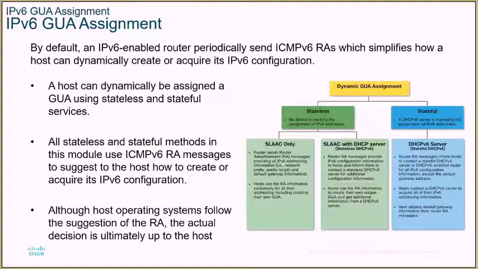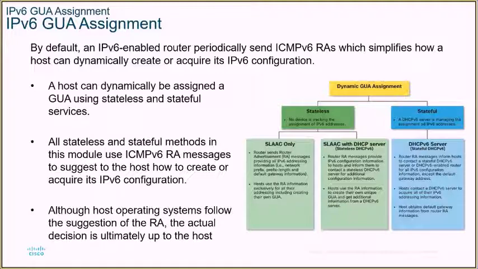Stateless means you're using SLAAC, which uses router solicitation and advertisement messages, or you can add to it with extra information from a stateless DHCP server. You can have one DHCP server set up and don't need to set up scopes for everything, because the hosts figure out their own IP addresses, and then they just get extra information like DNS server and domain names.